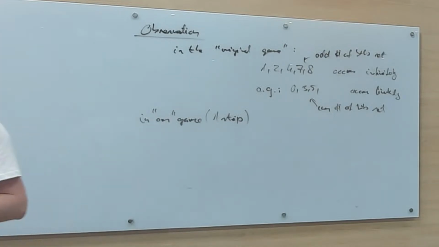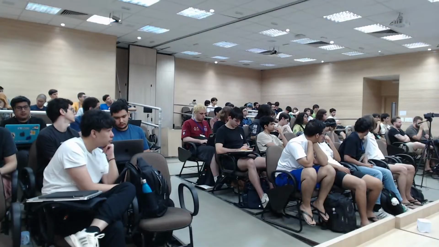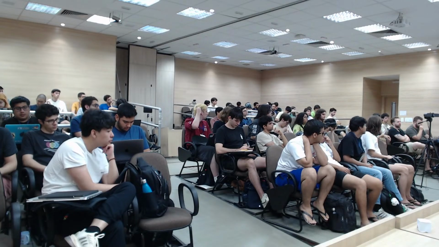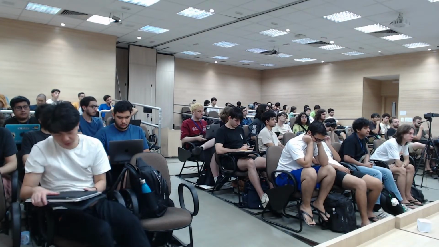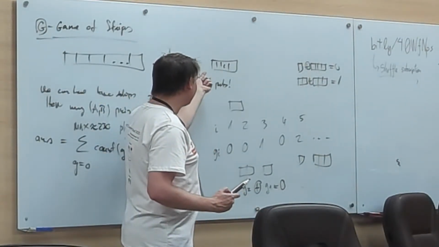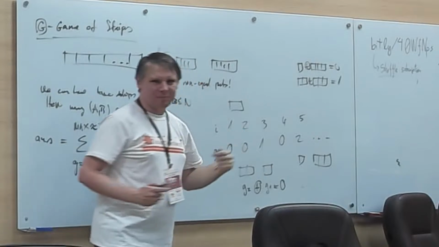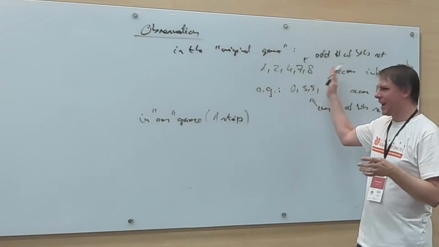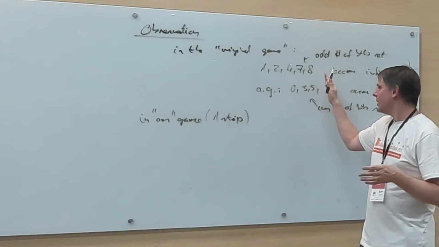Yes? Can you repeat why not allowing this messes up the last bit? So it messes up the last bit because if you were allowed to break it into two equal parts as well, you would get the same game as here, right?